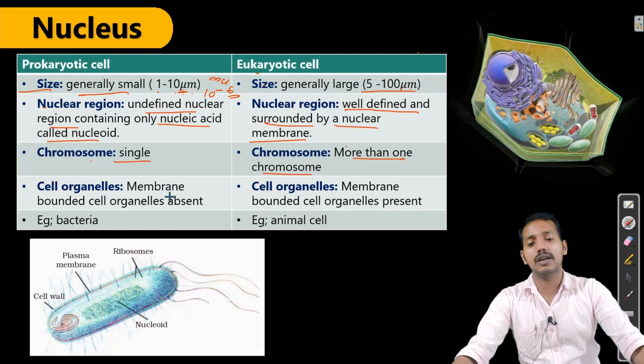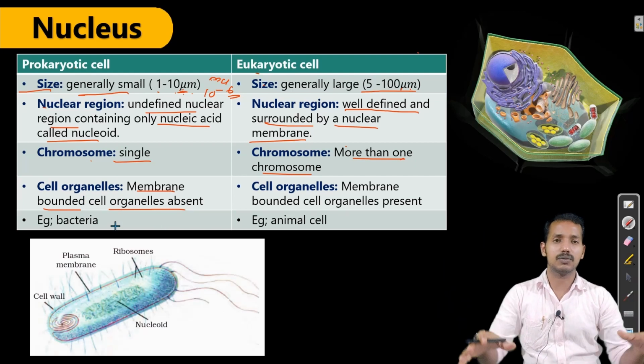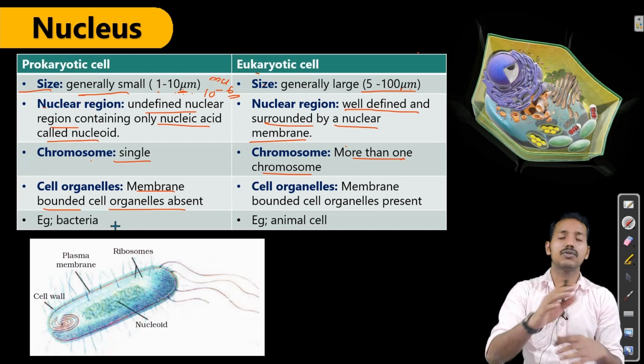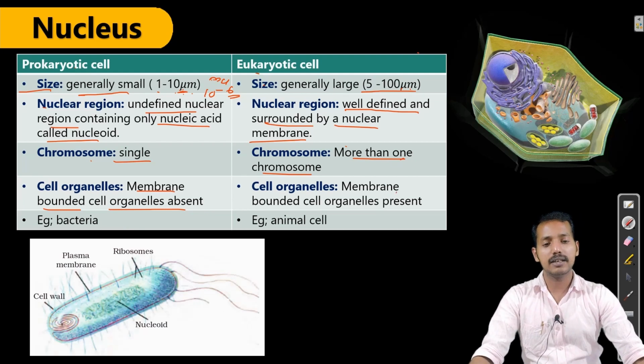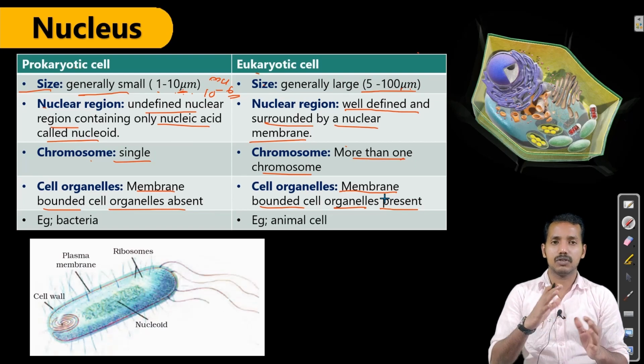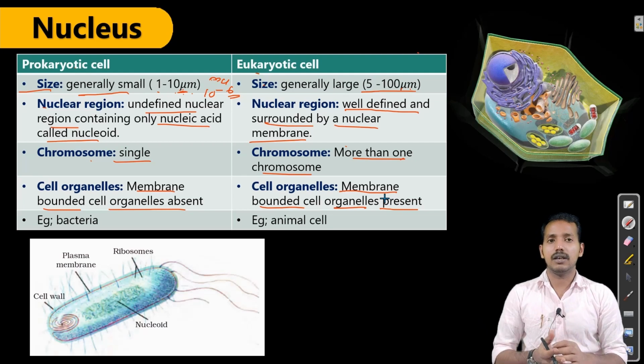In case of cell organelles, membrane-bounded cell organelles are absent in prokaryotes. All the cell organelles are randomly placed in different parts of the cell, and there is no membrane for the cell organelles, like in case of the nucleus. While in the eukaryotic cell, membrane-bounded cell organelles are present. We are going to discuss the different cell organelles later, but for example plastids or mitochondria.